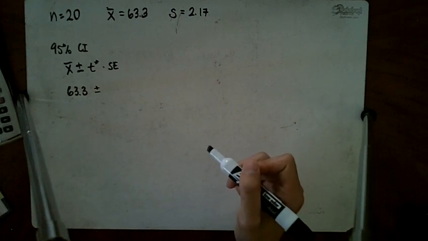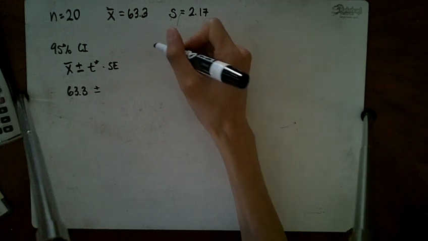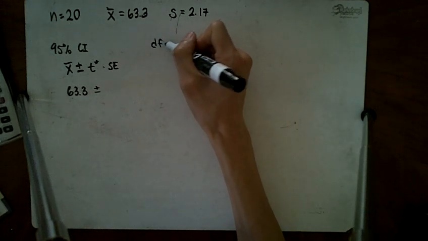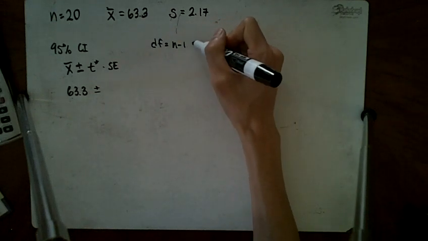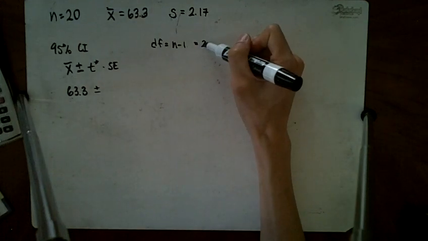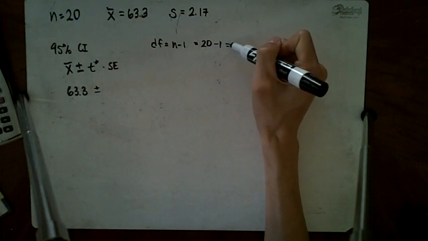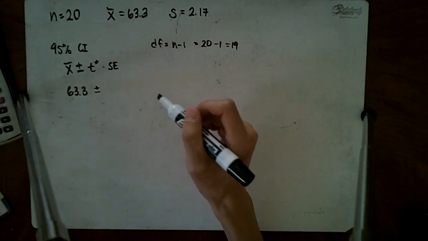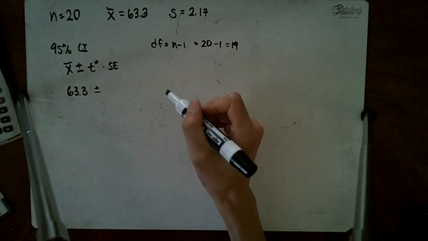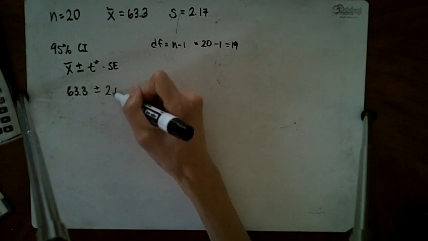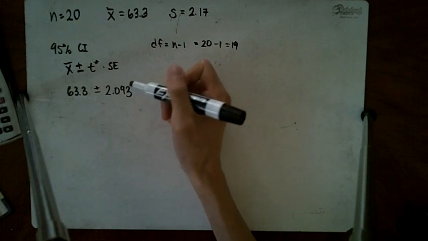So I'm going to look up 95% confidence. And how many degrees of freedom do I have? Degrees of freedom is n minus 1. So here I have 20 dancers measured, so 20 minus 1, 19 degrees of freedom. So 19 degrees of freedom with 95% confidence is 2.093.